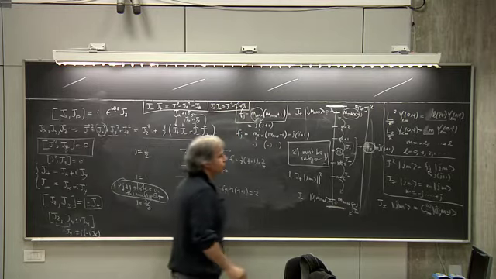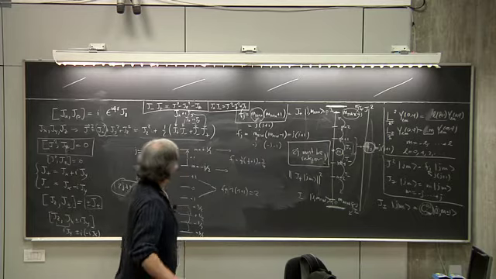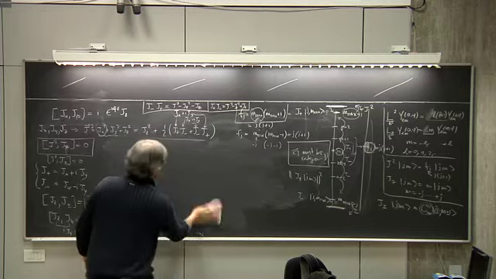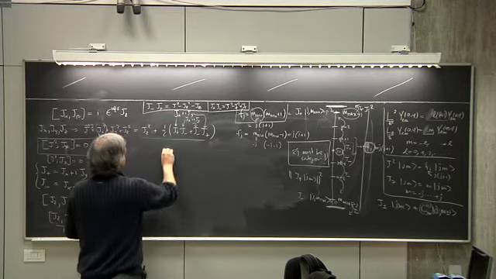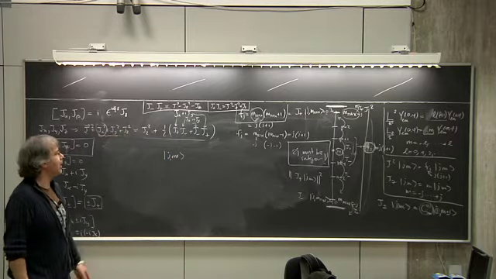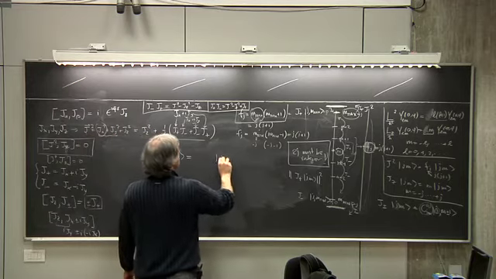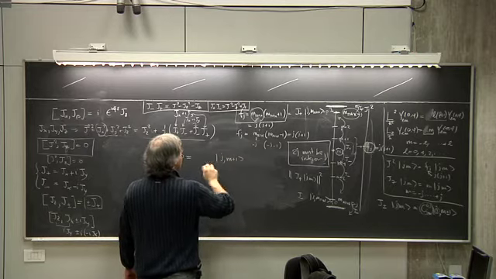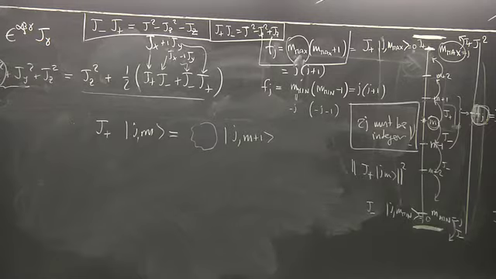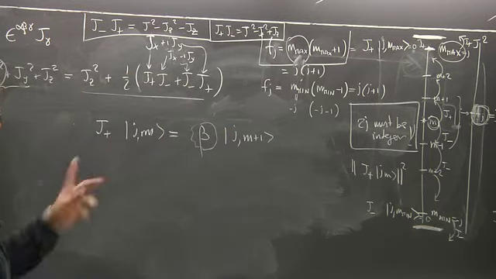So let us consider this fact about normalization, okay? If I have a certain state, j m, suppose it is normalized correctly, so the norm is 1, and I apply J plus. I know that I obtain a state that has m plus 1. But the point is, what is the constant in front that I have to put to normalize it correctly? Let me call beta this constant. Okay? Let us try to calculate it.